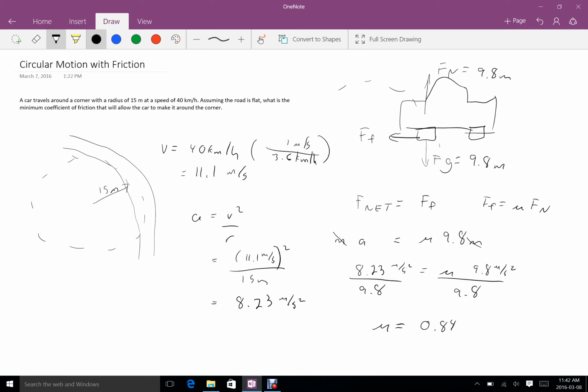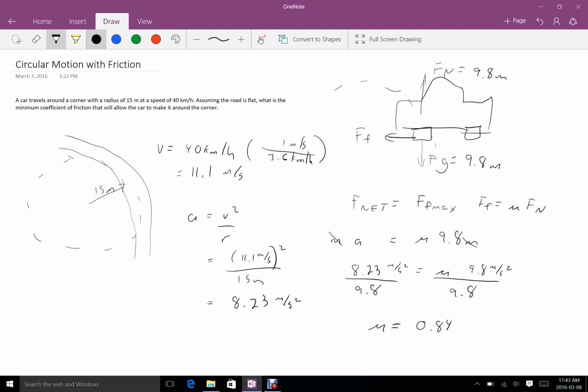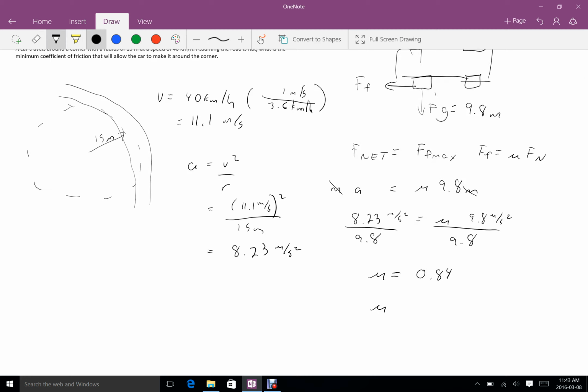Now, keeping in mind this would be the maximum coefficient of static friction. So really, any coefficient of friction that's greater than this 0.84 will be able to provide this 8.23 m force of friction that's required to keep this acceleration going. So really, any coefficient of friction that's equal to or greater than 0.84 should be able to keep the car in this turn.